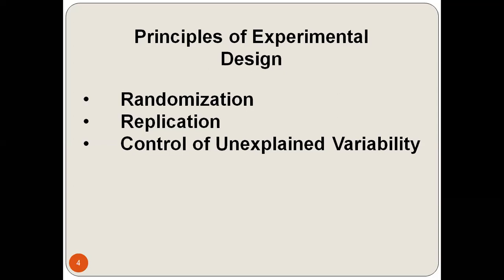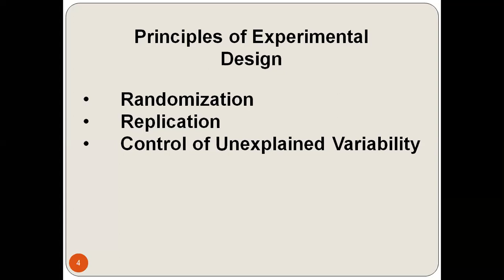What is the definition of error variance? If two experimental units have been treated similarly with the same treatment, and you measure the variability between these two units, then that variability is called error variability.